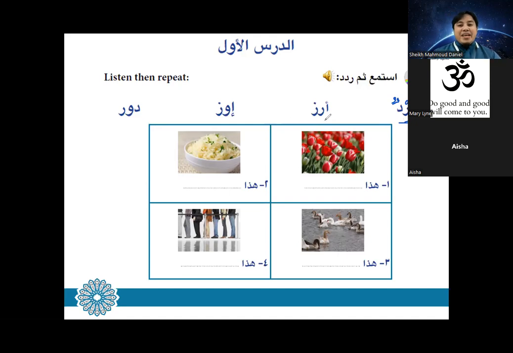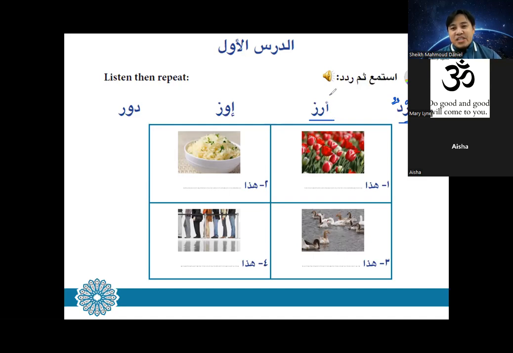Next, the audio mentioned this word as aruz, all right? Sometimes we are hearing this word not as aruz, but urzun. This is the plural form because the singular of this word is ruz, ra, zay, okay?